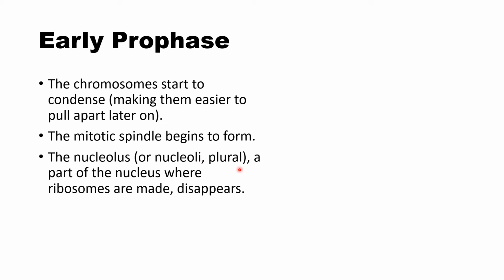So, yung pag-disappear ng part na to, it is a sign that the nucleus is getting ready to break down. Kasi itong nucleolus, it is part of the nucleus. So, pag nag-disappear na tong nucleolus, it is a sign that the nucleus is getting ready to break down also.